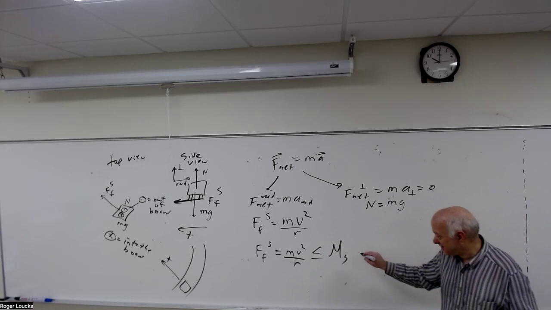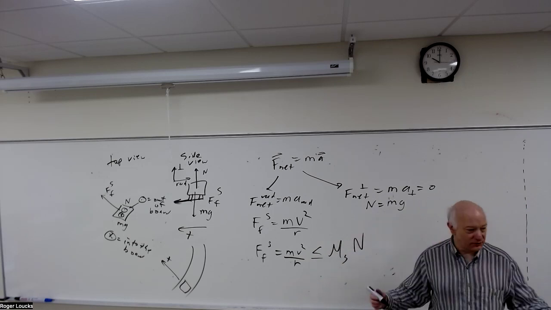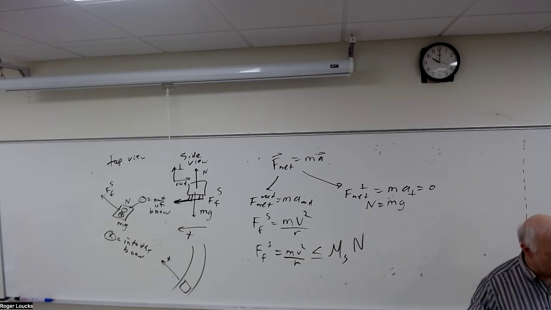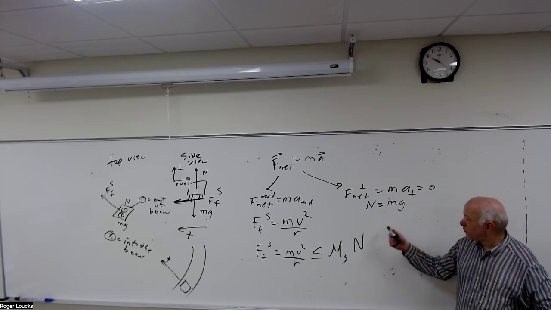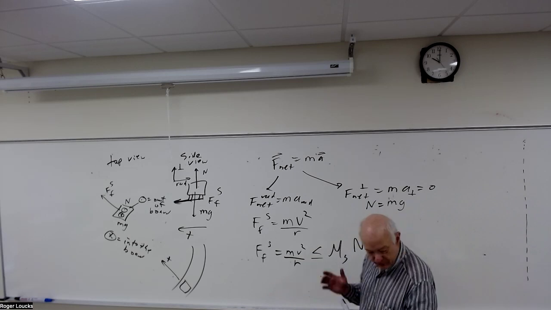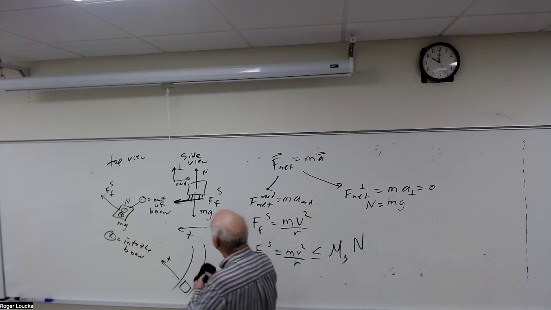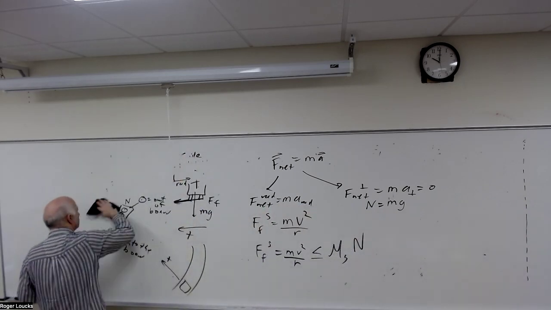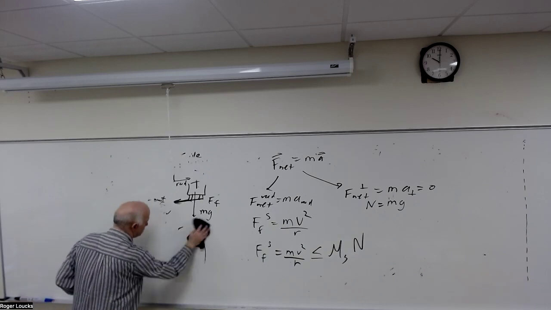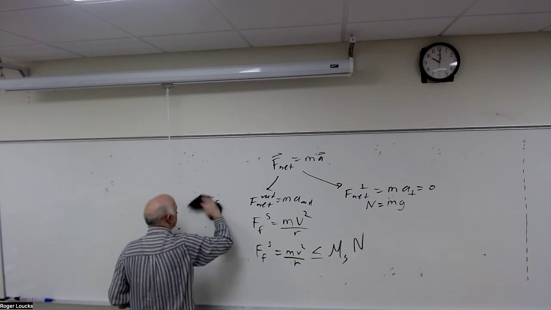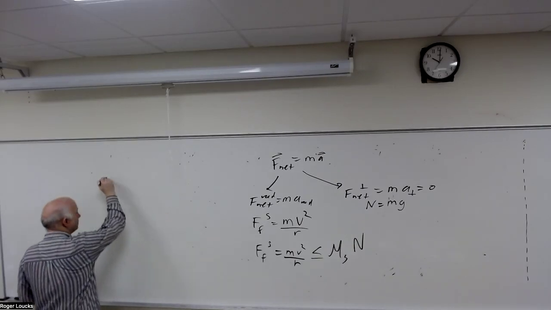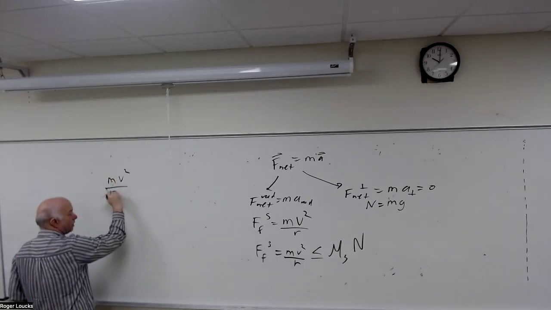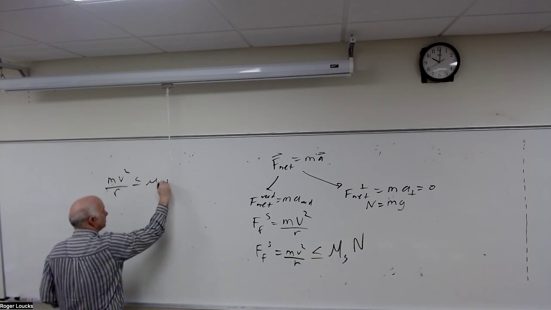Mu sub s is the coefficient of static friction. Your N is what? It's mg here. So if I put this all together, I get mv squared over r less than or equal to mu sub s mg.